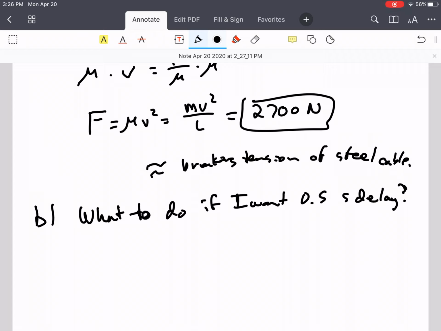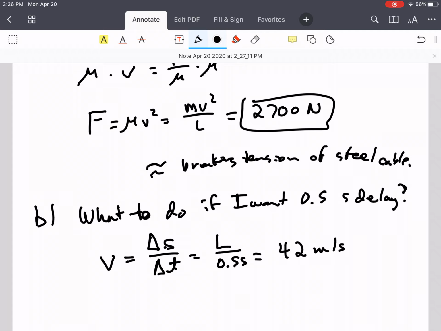So if there's a half-second delay over a length of 21 meters, that means my wave velocity v is however far it travels over however long it takes. That's the length of the string over the amount of time delta t, which is half a second. And we can go ahead and solve for that. That means the velocity we want is 21 meters over half a second, or 42 meters per second.